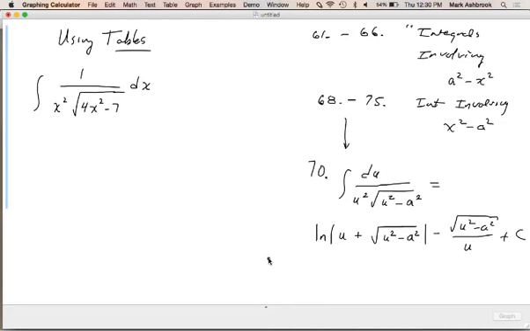We need this whole thing to be u squared. Therefore, what is u going to be? So u needs to be 2x. Do you see that? If u squared equals 4x squared, then the u that we need is 2x.